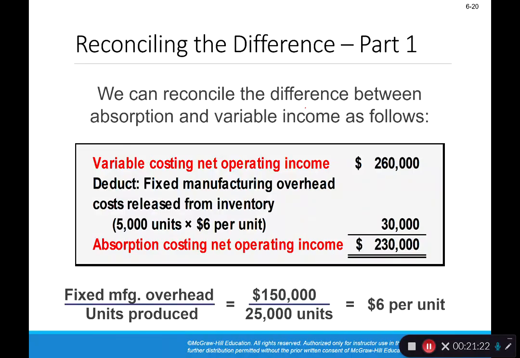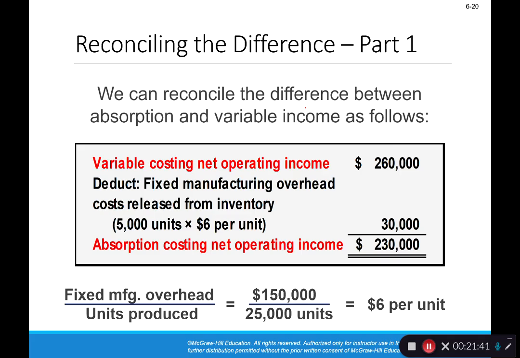So the reconciliation between the two would be variable costing income is 260. Then we deduct the fixed overhead that's released now from inventory, which is 30,000 under absorption, and that gets us our absorption net operating income.